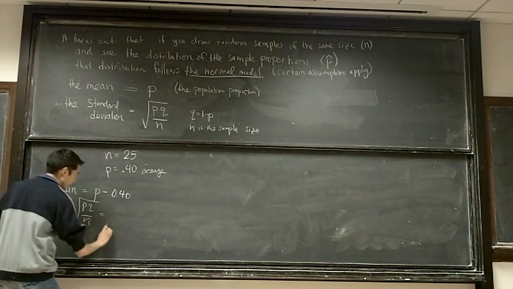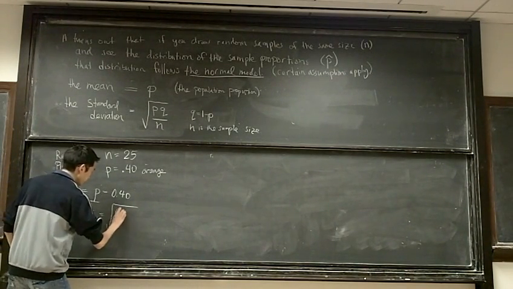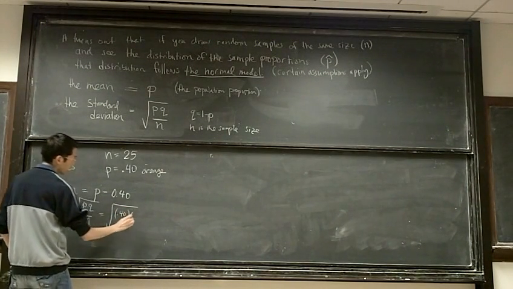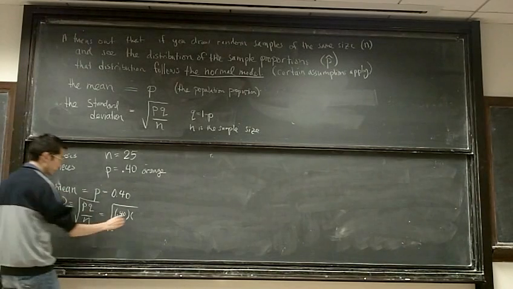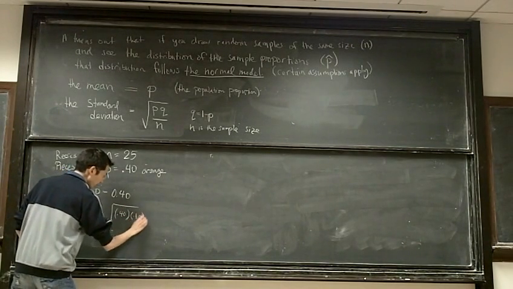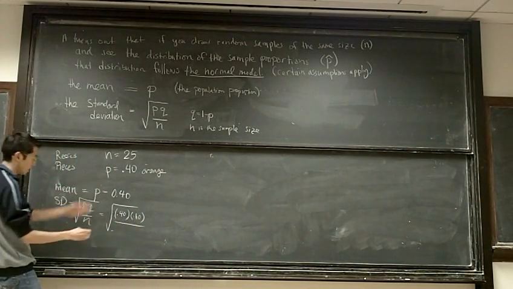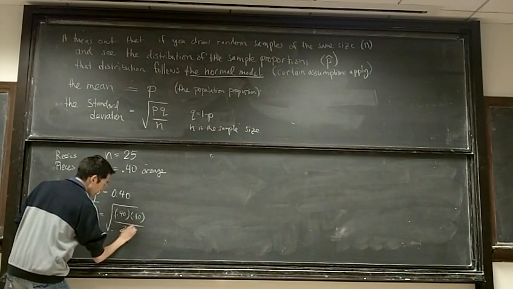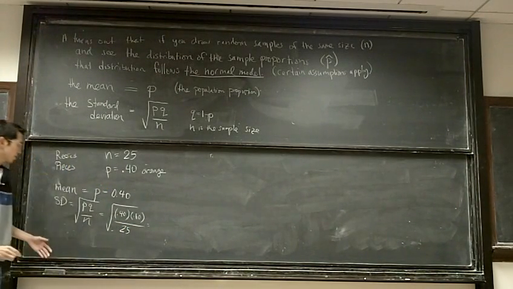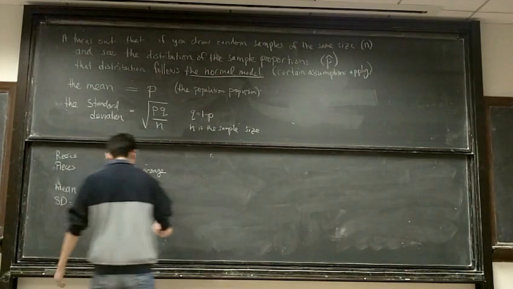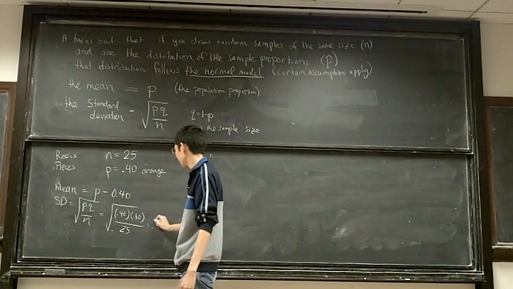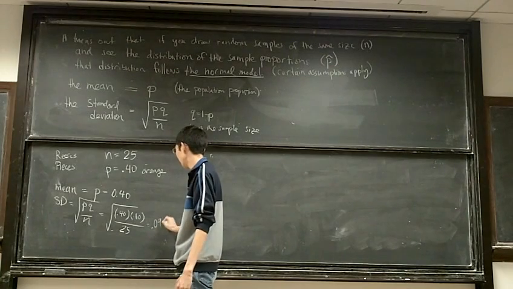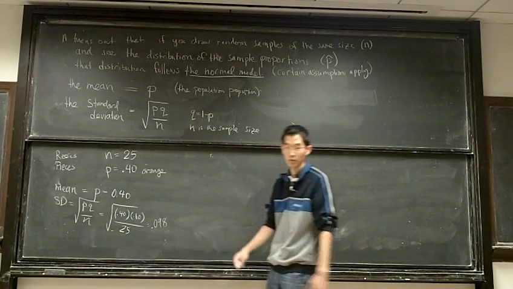In this case, we have the square root of 0.40 times q, which is 1 minus p, so 0.6, divided by n, where n is 25. So it's almost going to be 0.1, but it's going to be about 0.098 or something.